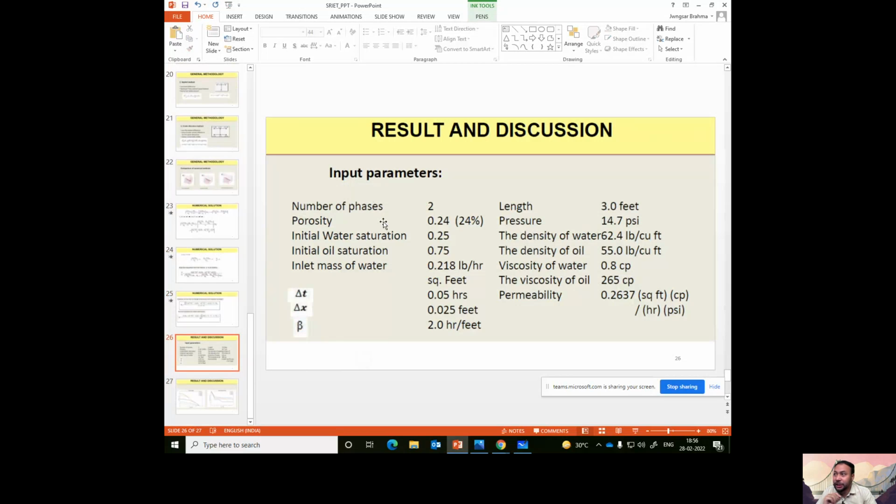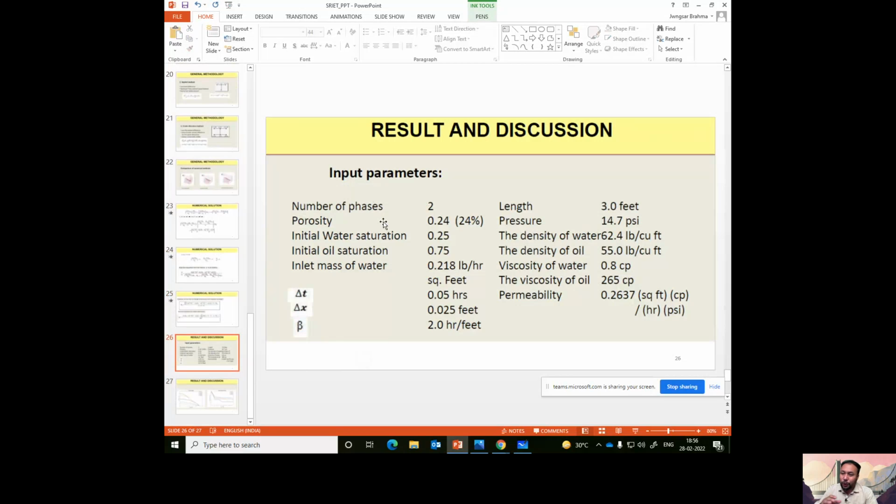Basically, if I do the experiment and can find the boundary conditions and initial conditions in the laboratory, then our simulation will be perfect. Otherwise, we need to take the help of values already published in the literature for the particular reservoir.